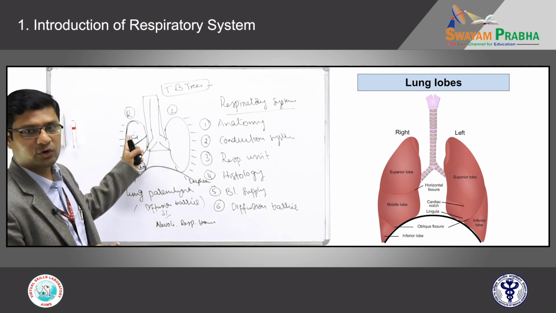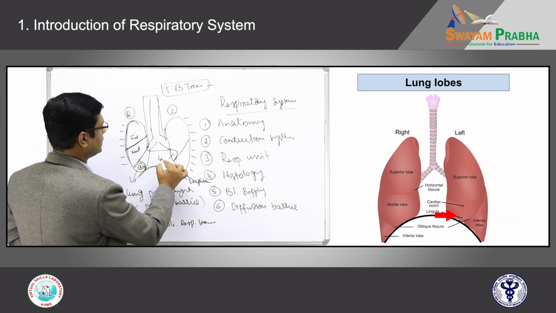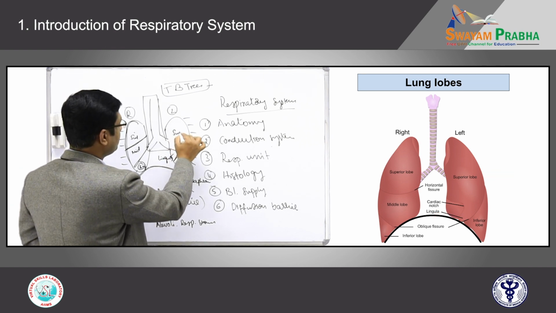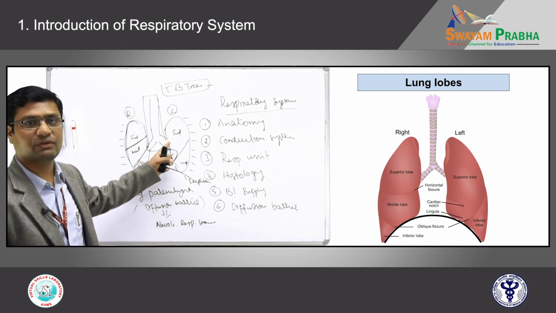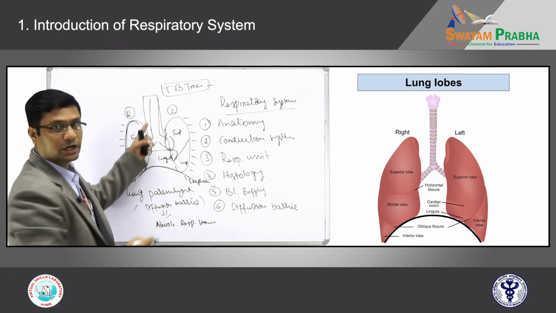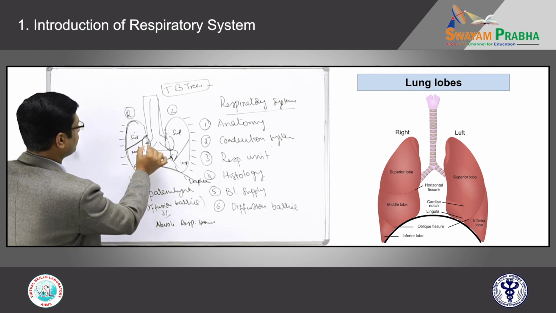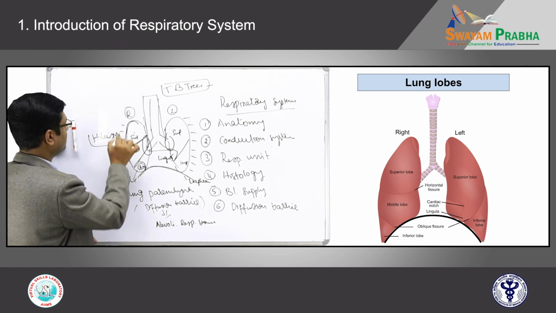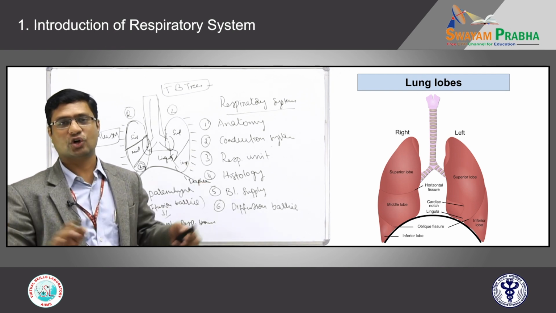When compared to the right lung, the left lung has only two lobes and a small part of lung which we call the lingula. We have the superior lobe and the inferior lobe. This is how we should identify the side of the lung. The area where the tracheobronchial tree or blood vessels enter the lung, we call the hilus or hilum. This is the normal gross anatomy of the lung.